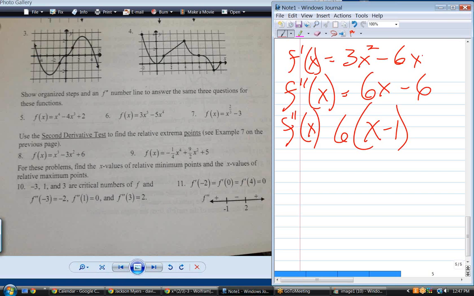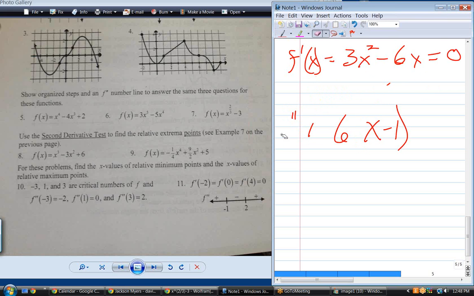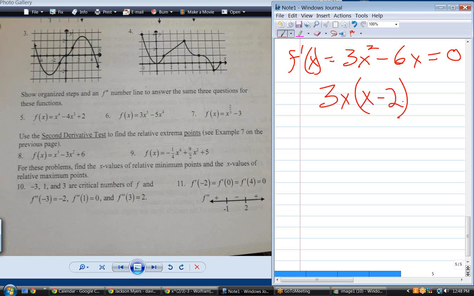Okay, so the first derivative is the top line, and I want to find out where that's equal to 0 or undefined. Okay, let me even erase this. Well, again, I got to factor my greatest common factor out. That's that.